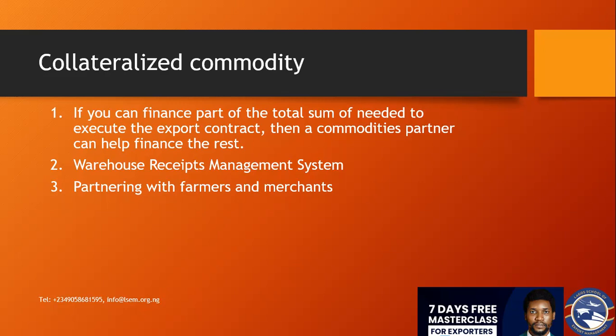After that, if you have that commodity in your warehouse, they will use it as capital. You are buying part of the commodity you need to export, and using it as capital to leverage to get more finance and more volume of that commodity. Some other people can even give you everything you need.